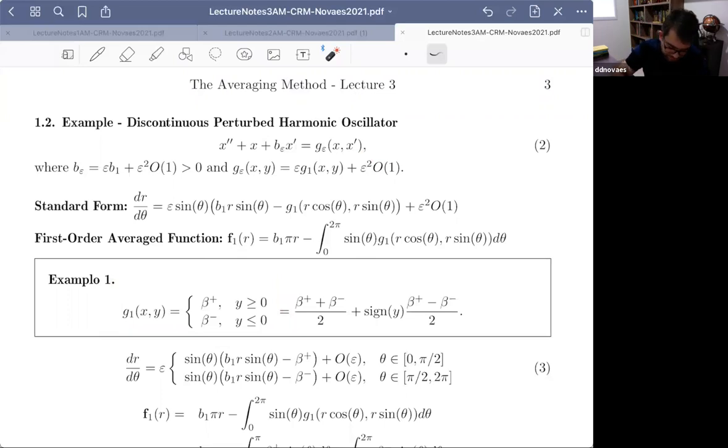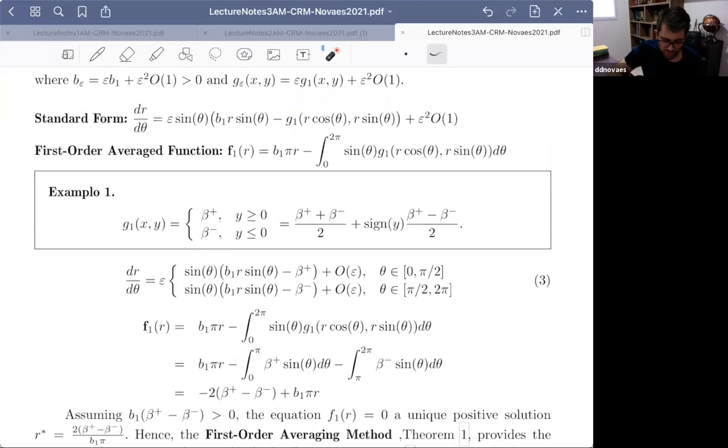So here, let's take G1 equal to beta plus if y is positive, and beta minus if y is negative. We compute the normal form, the standard form. We apply the transformations. We can compute the first order average function.